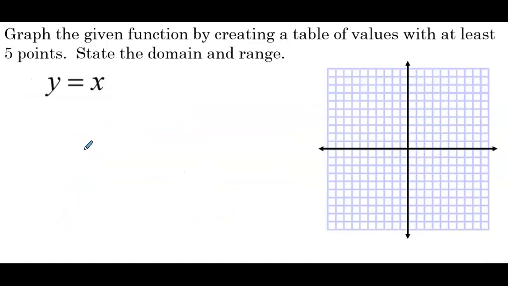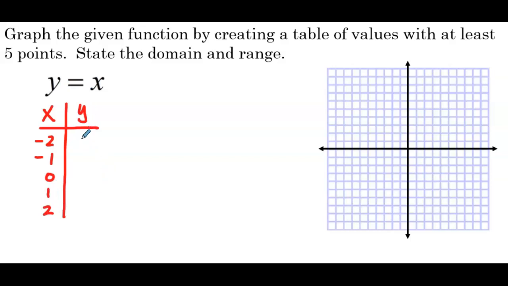Our next function is y equals x. So we could graph this directly from the equation, knowing that the slope is 1 and the y-intercept is 0, 0. But let's create a table of values. So we have x and y. Again, I'll choose -2, -1, 0, 1, 2.